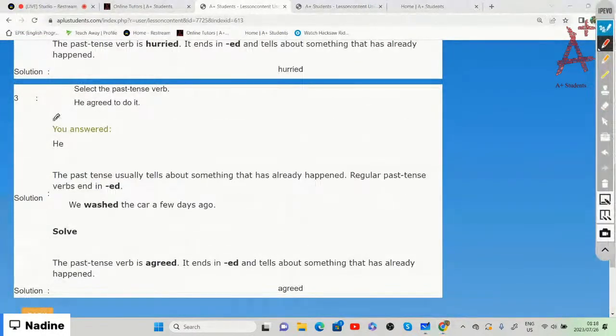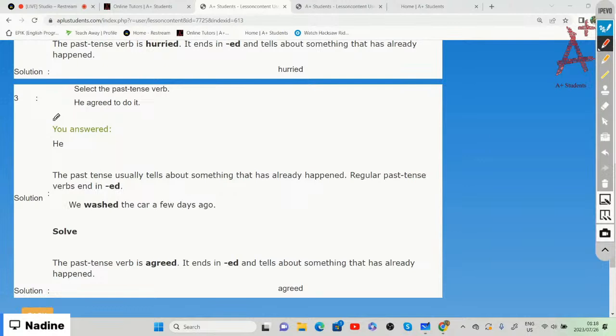All right, so now we're going back to our tutorial lesson. The next sentence: we need to select the past tense verb. He agrees to do it. He agreed to do it. Agreed. We see that the past tense usually tells us about something that has already happened, and with most regular past tense verbs, we just add an ed.